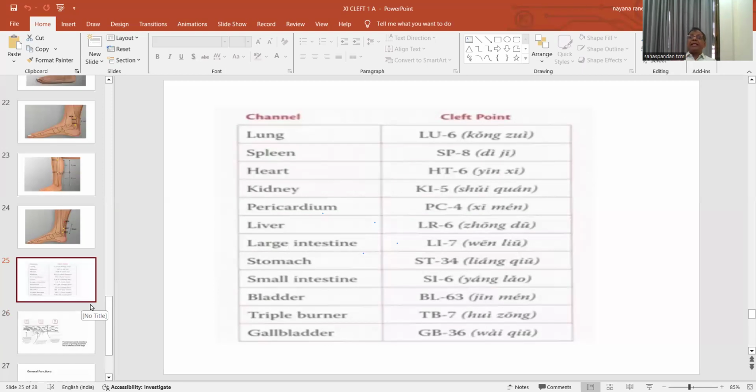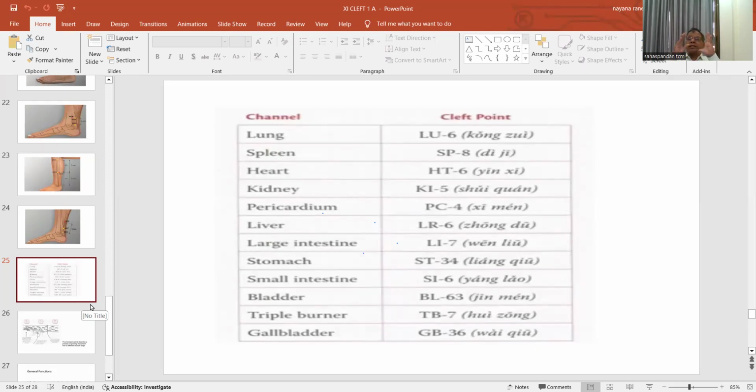So many advanced books define the Xi-cleft point as being in areas where the channel pathway narrows and has a tendency to blockage and the accumulation of qi and blood.